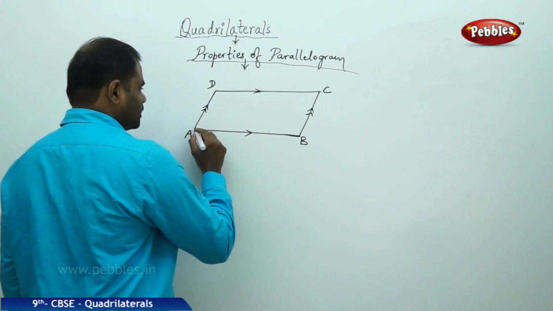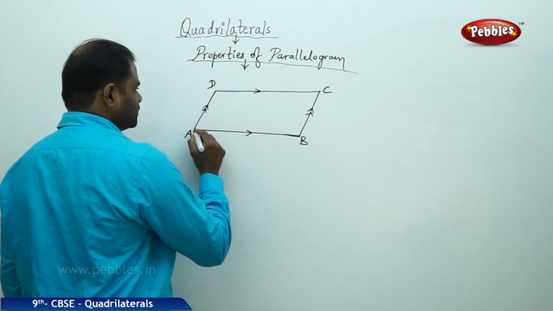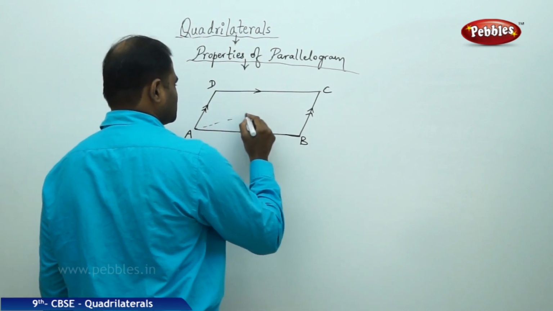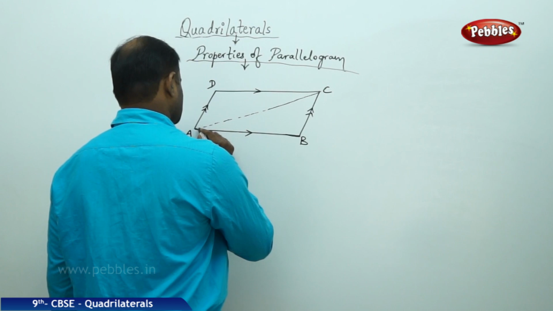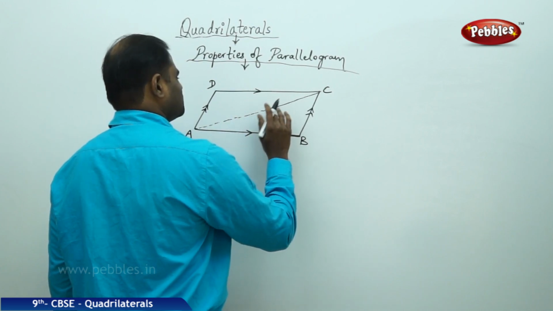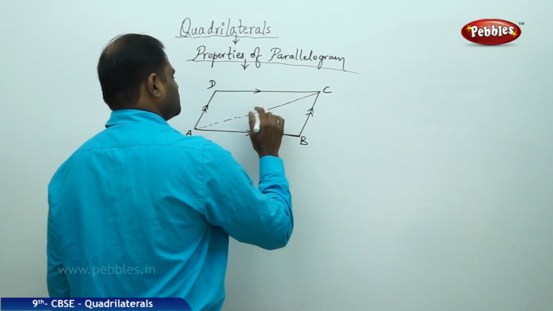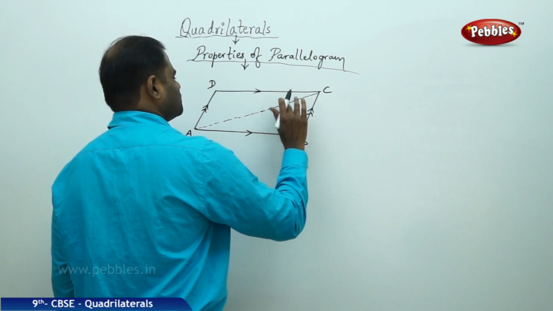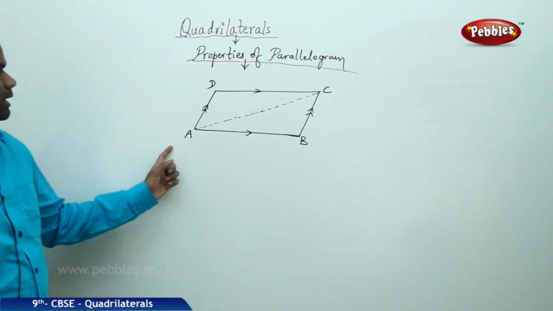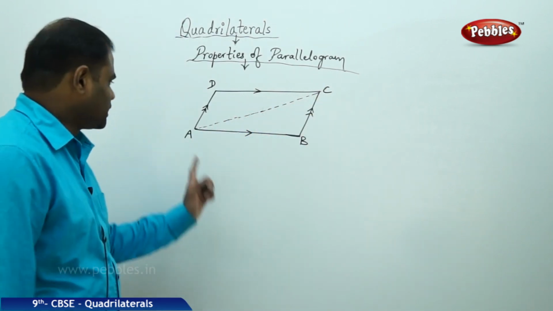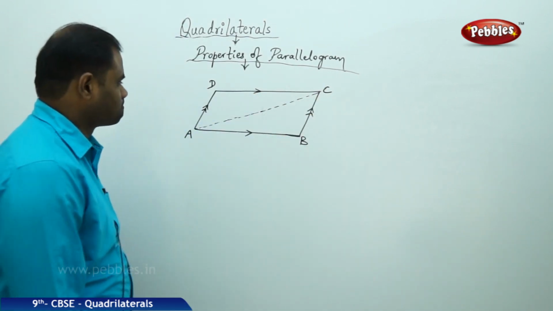So imagine I connect the diagonal AC. Here AC is the diagonal which connects the two alternate points.